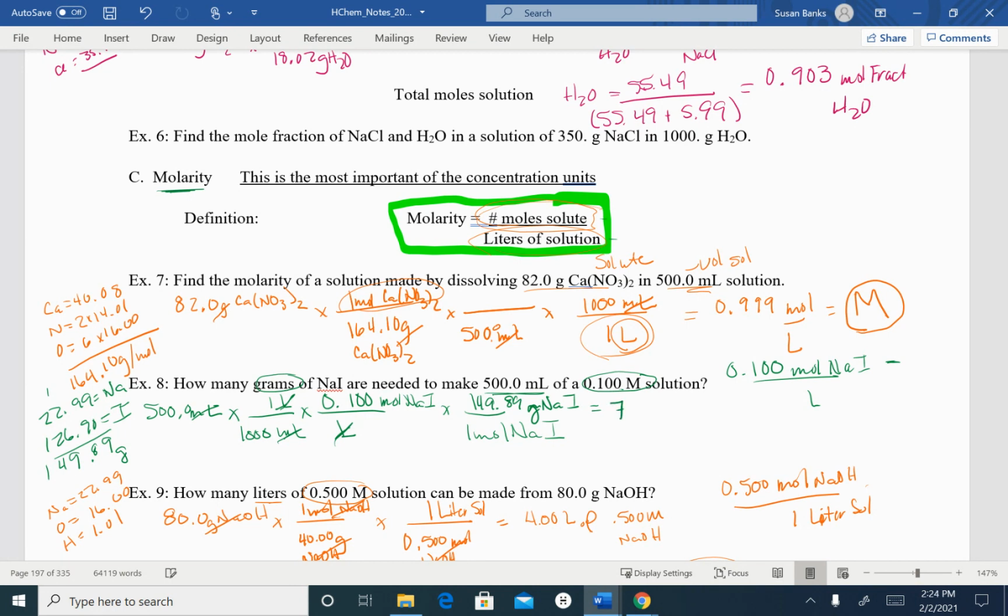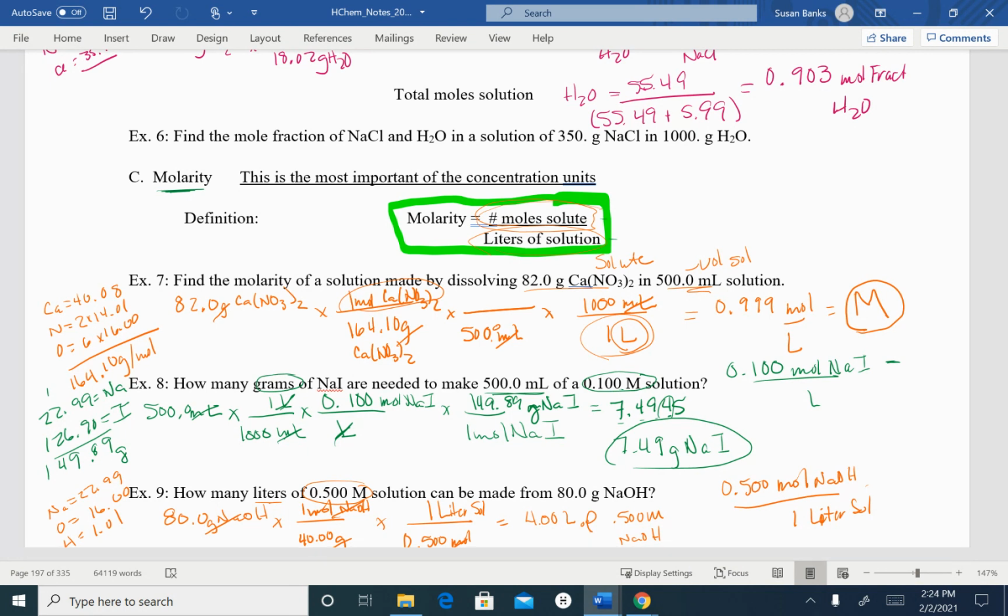My calculator spits out 7.4945 right here. So let's see. With 3 sig figs, 1, 2, 3, that 4 tells me to leave it. So I would report this as 7.49 grams of sodium iodide is what I'm going to need.